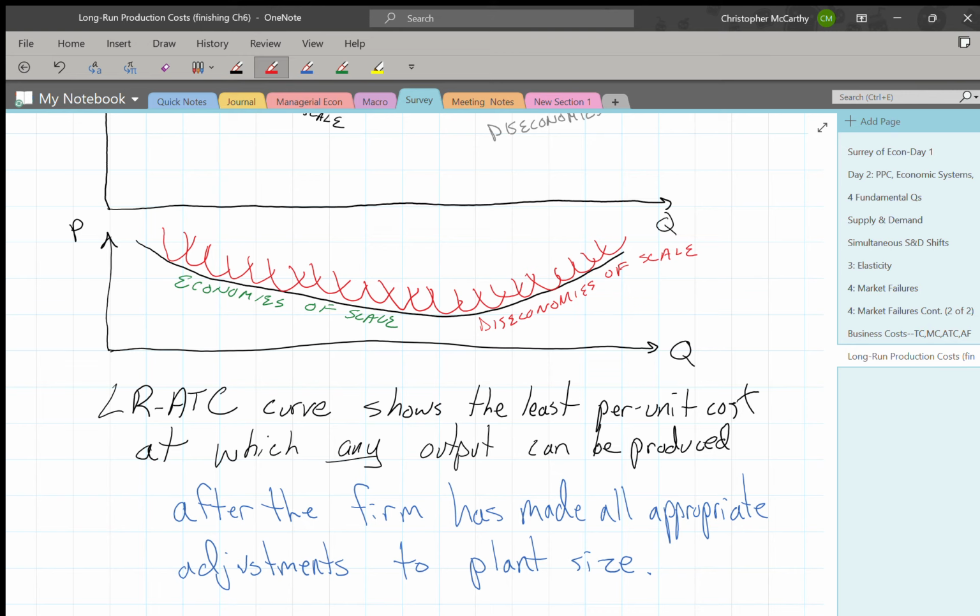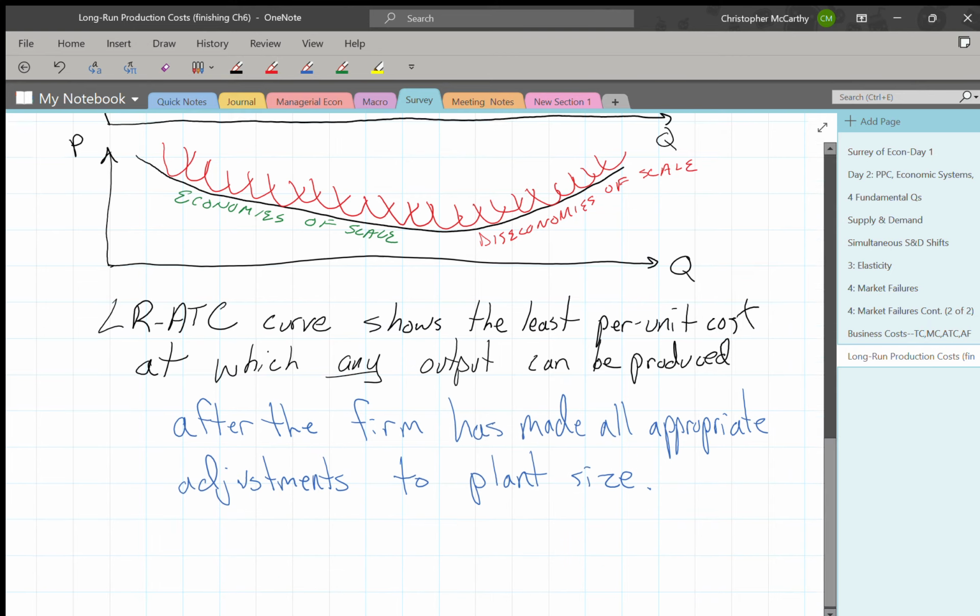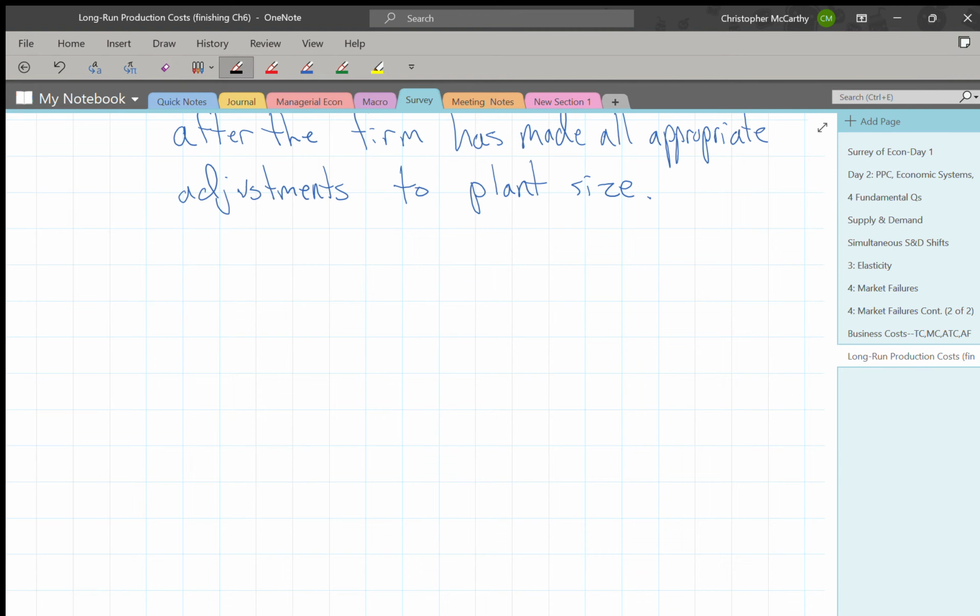So in this case, all of the resources can be changed, and so it can't be the law of diminishing returns. That's the reason why the curve is going down and then back up. So let's talk about why the curve is going down and then back up. So economies and diseconomies of scale.